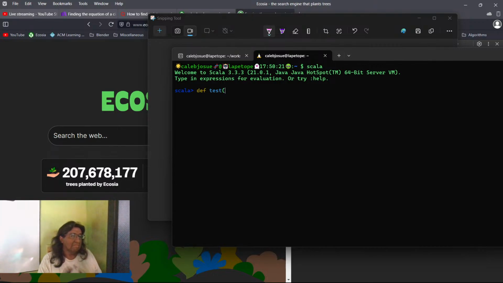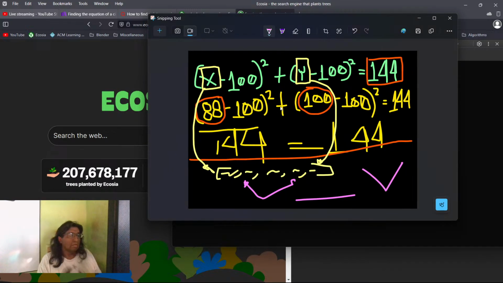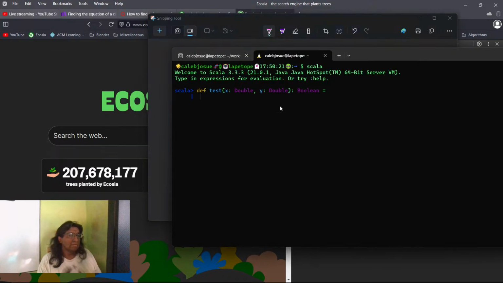The test, and double, double, boolean, x minus 100.